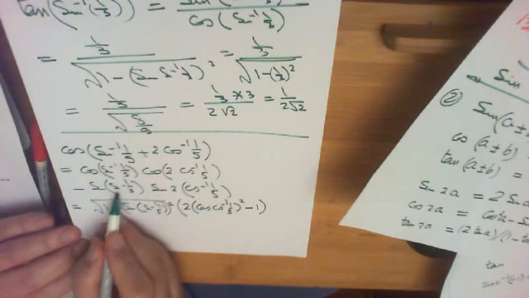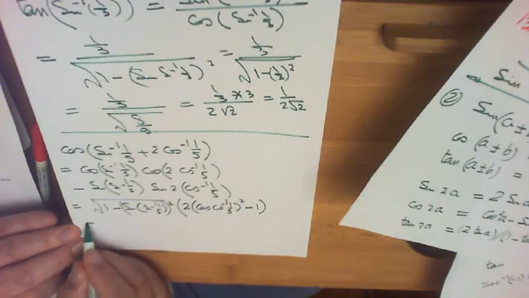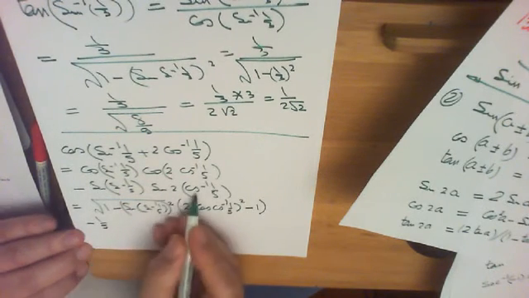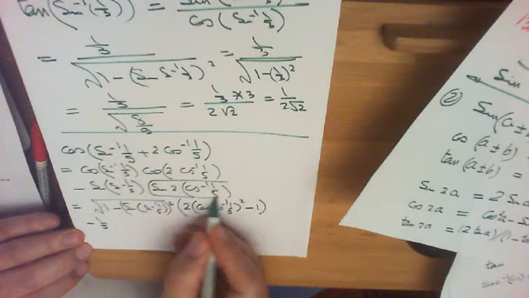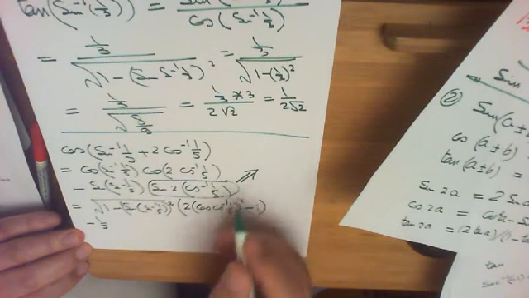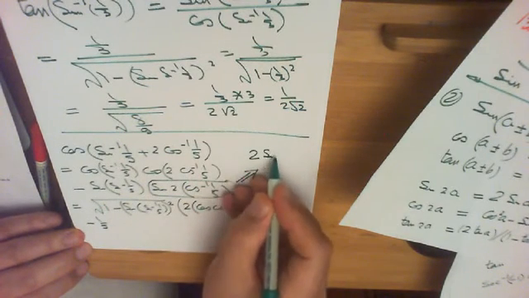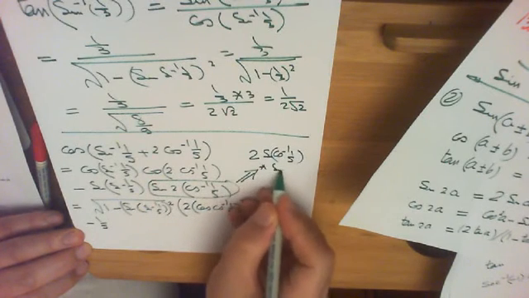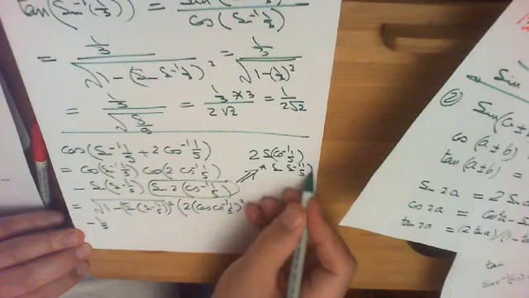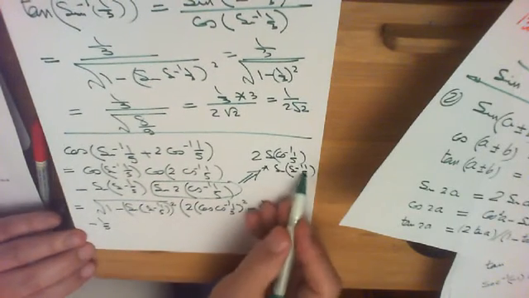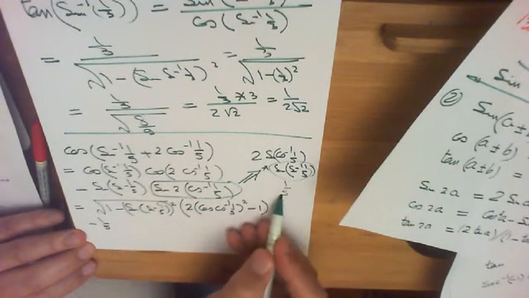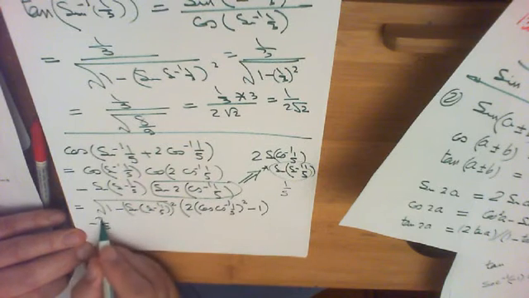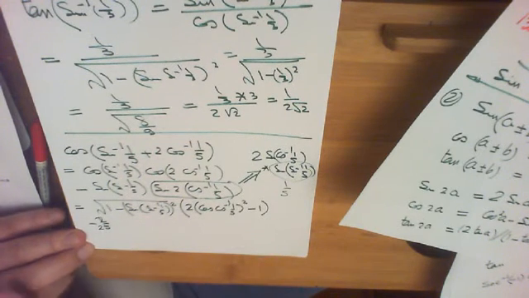Okay, this, as I told you, it will be 1/5, while this one will be 2 cosine of cosine minus 1 of 1/5 times sine of cosine minus 1 of 1/5.